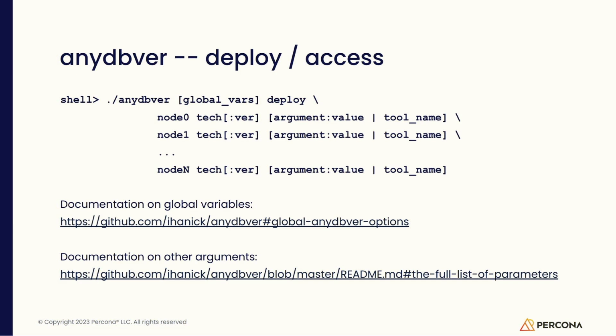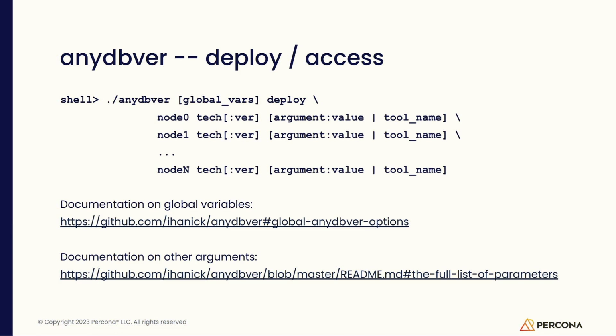So each line will be one node we deploy, and each line is formed by node 0, 1, 2, 3. So it has to be incremental, and it has to start at 0. So you cannot have node A, for instance, okay? Node 0, the technology, in this case, would be, I don't know, PMM, PG.